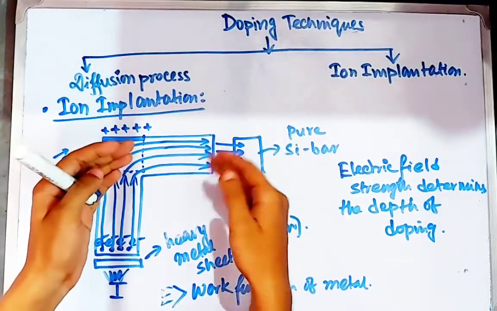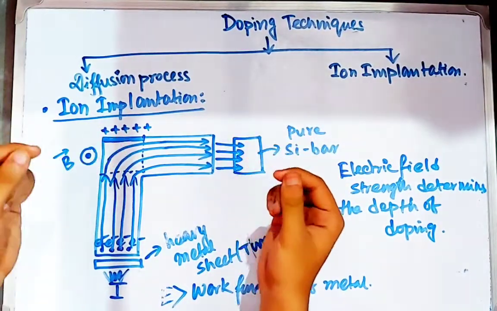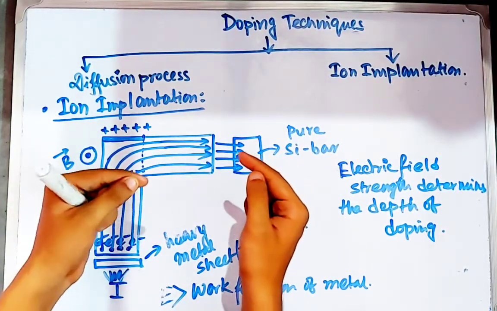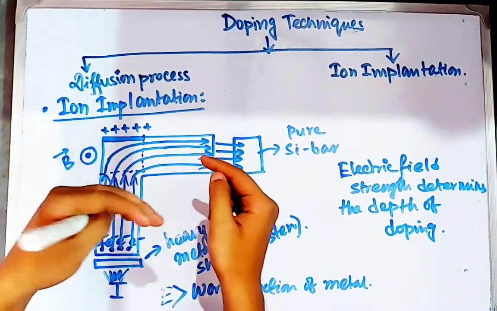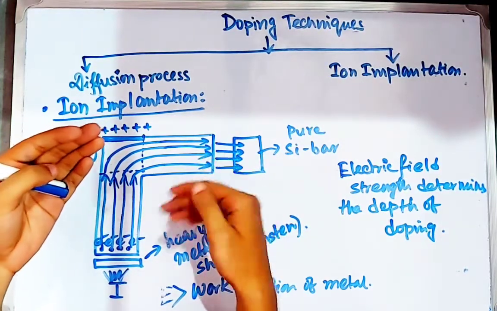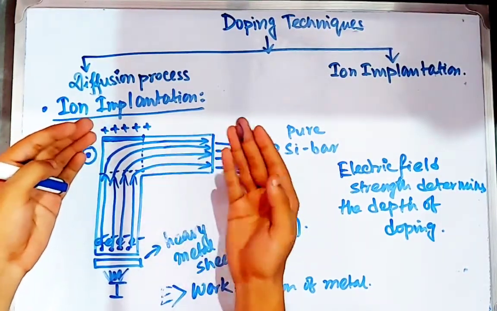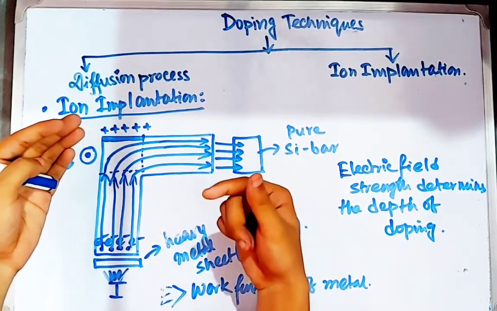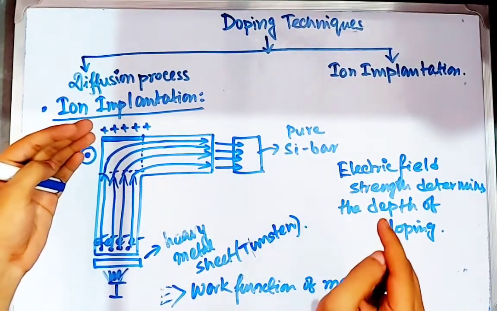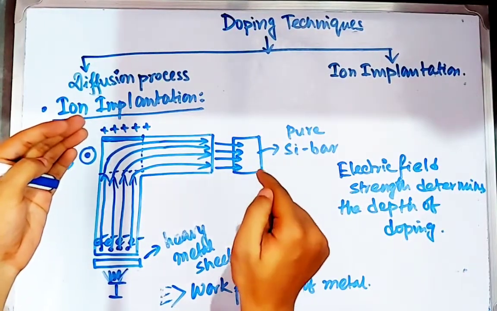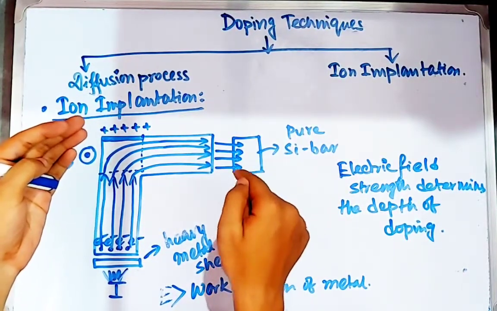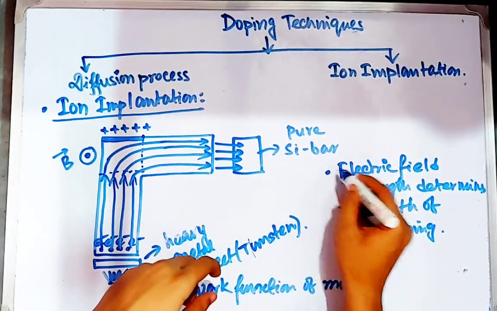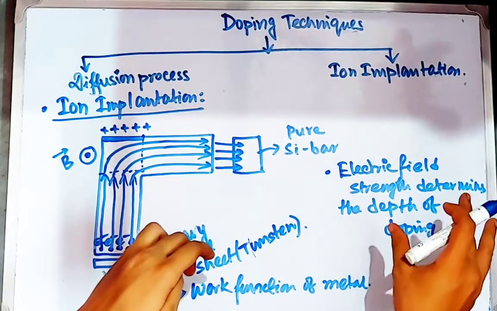And if the velocity is higher, then they will go deeper within the silicon bar, and that is actually the depth of doping. So if we increase the electric field, then of course the depth of doping will also increase. That is why the electric field is the determining factor in our case.